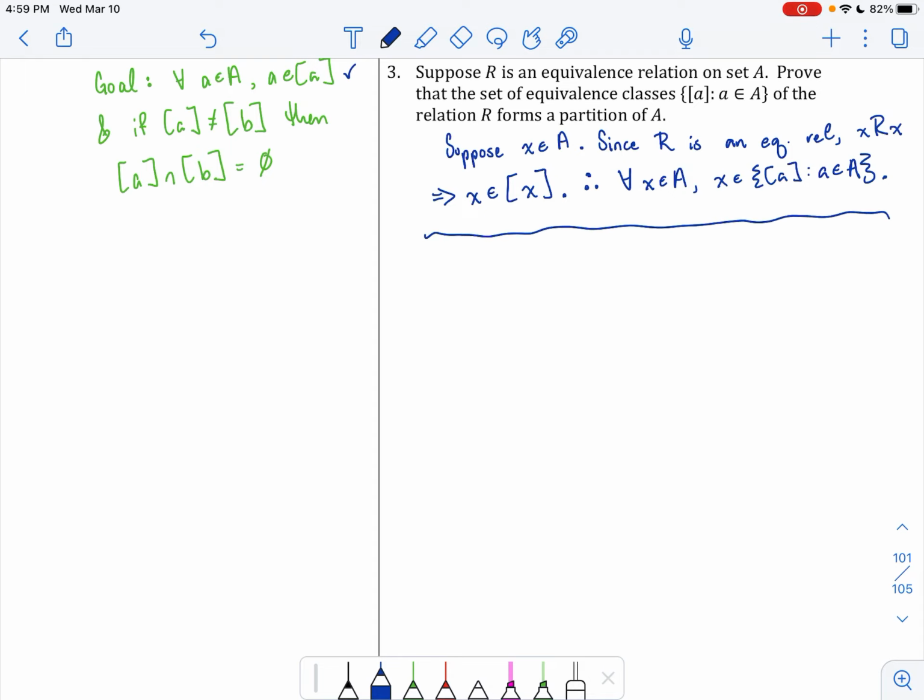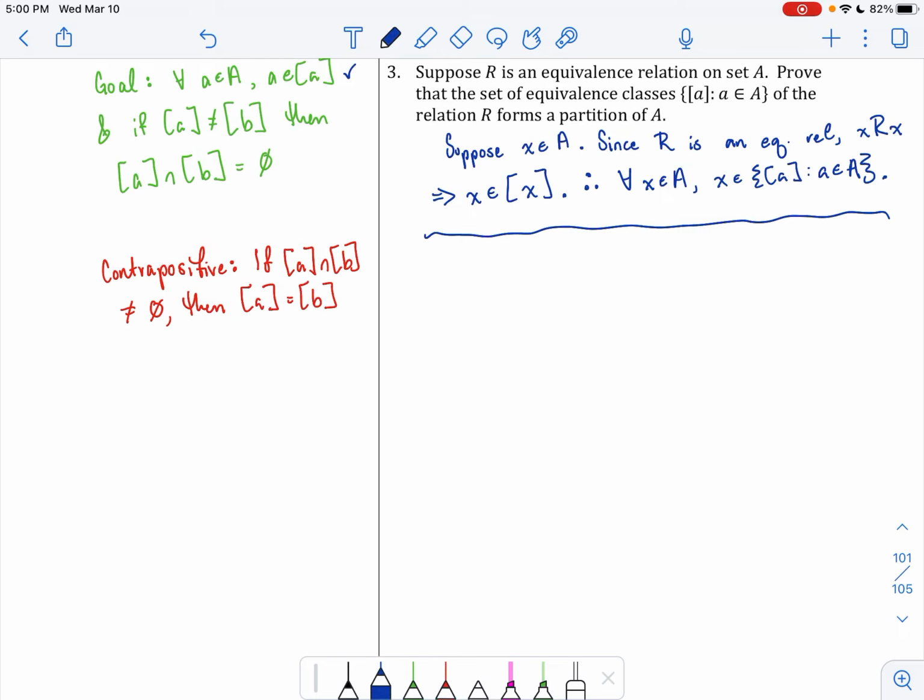The second one's a little bit trickier, because we want to show that a set is empty. Because it's really hard to prove a negative, I'm going to use a proof by the contrapositive. Remember, our goal is that if [a] and [b] are not equal, then [a] intersect [b] is equal to the null set. So in this case, I'm going to use the contrapositive, and what that says is that if the intersection is not equal to the null set, then [a] is equal to [b].